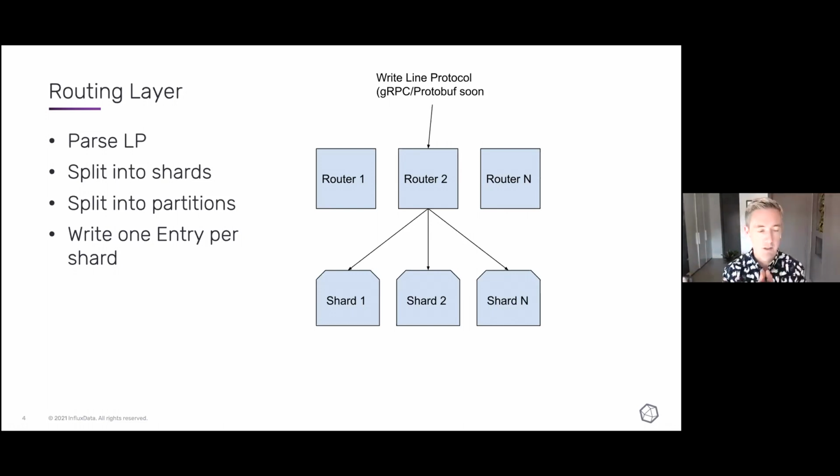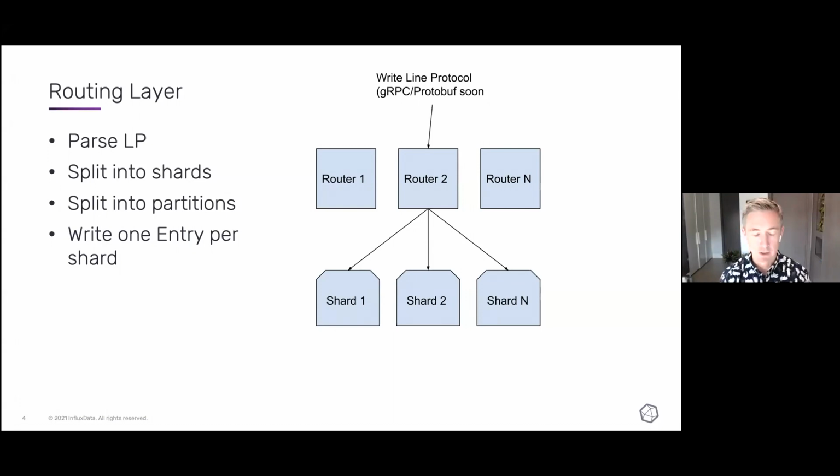We split that into shards, and then for each shard, we split that into partitions, and basically you have multiple partitions contained within an entry. So basically, we break up all this line protocol into these different shards, and one entry goes out to each shard.